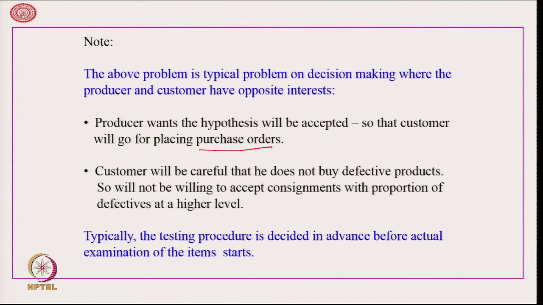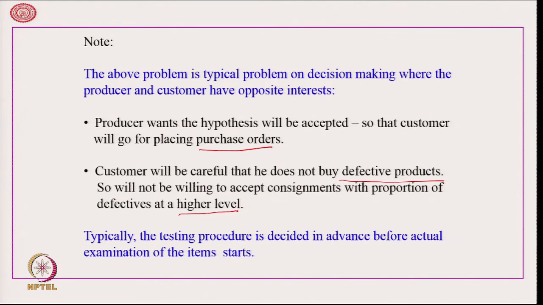However, the customer or the purchaser will be careful that he does not buy defective products. So, he will not be willing to accept the consignments with the proportion of defectives at a higher level. Therefore, if the test fails, that is, the number of defectives on the average is greater than 6%, then the customer may not like to purchase these items from this producer.